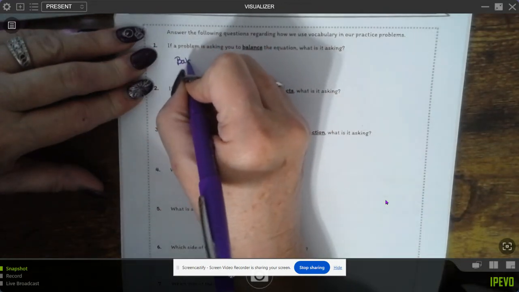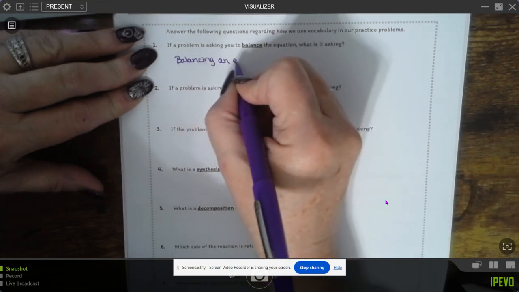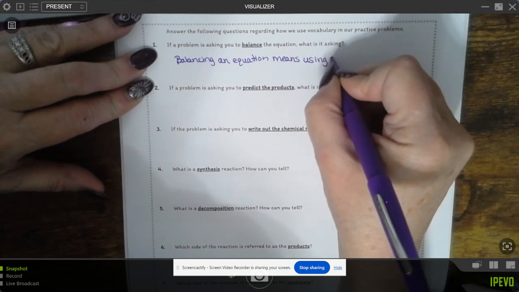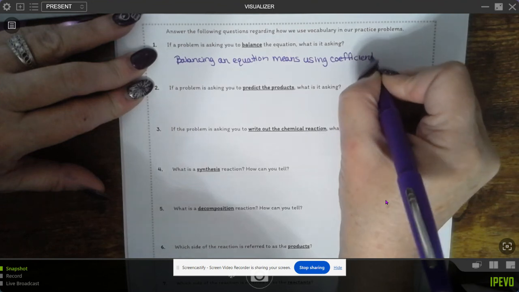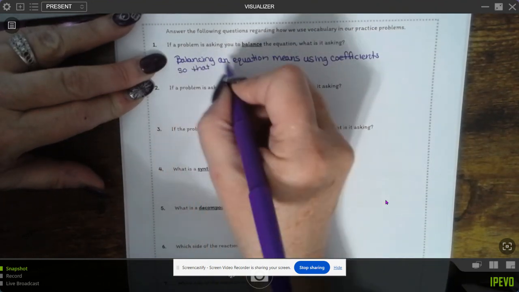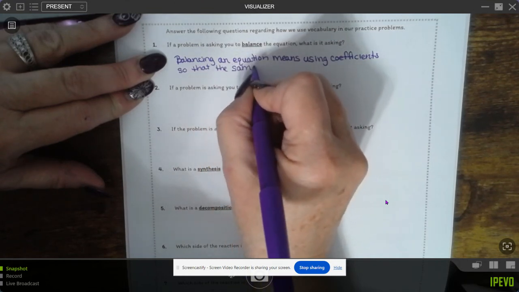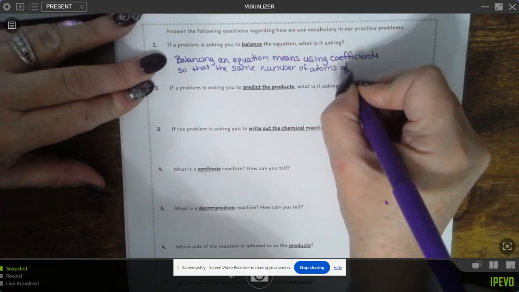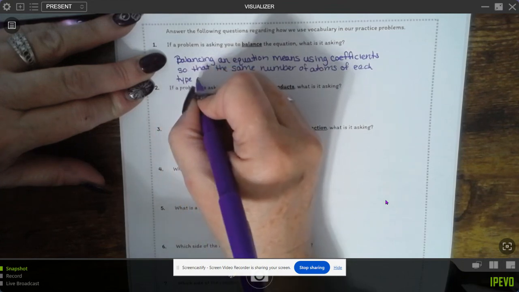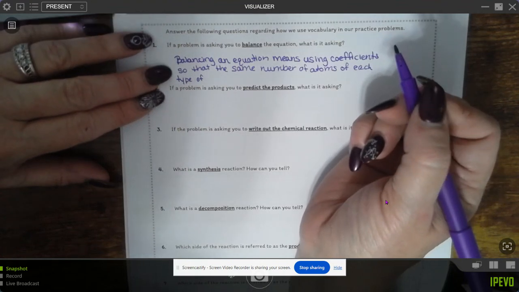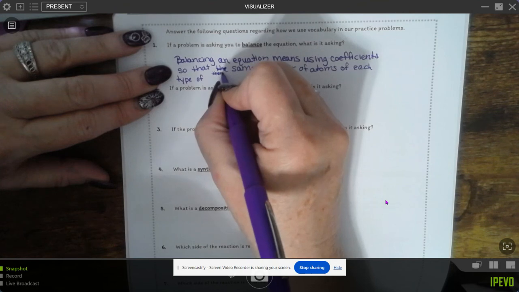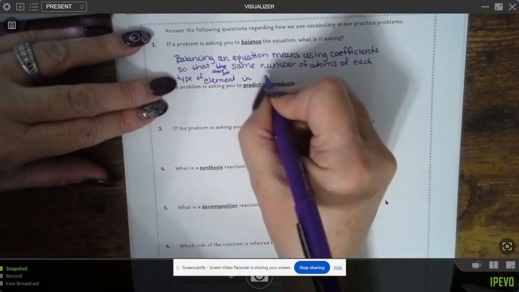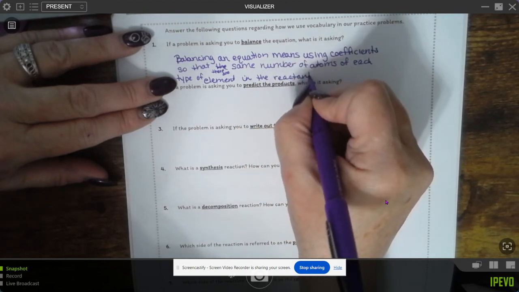So balancing an equation means using coefficients so that there are the same number of atoms of each type of element in the reactants and the products.